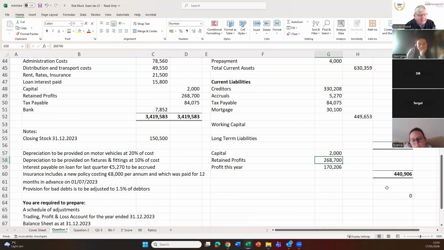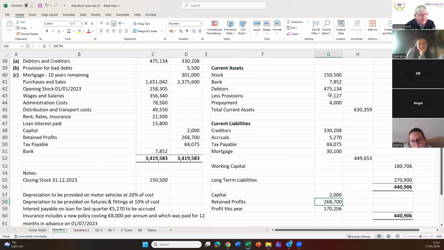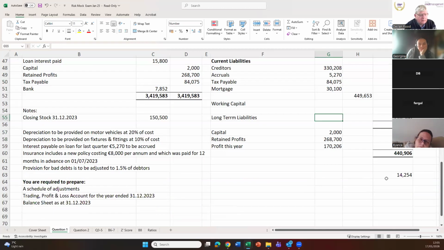If you can't find the number, what I would do is this. Say my balance sheet doesn't balance. I'm 14,254 out, and I'm looking down the figures and I can't find a 14,254.